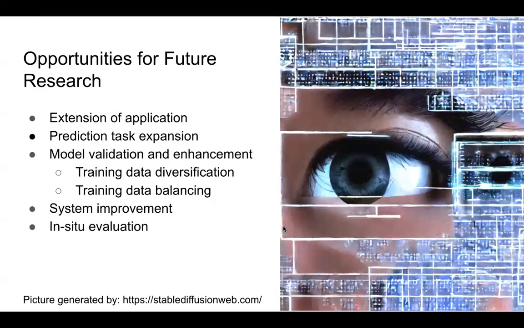Model enhancement has two ways to achieve it. First is to diversify the training data. This refers to incorporating data from a completely new scenario or cohort, or incorporating more features of existing data points.